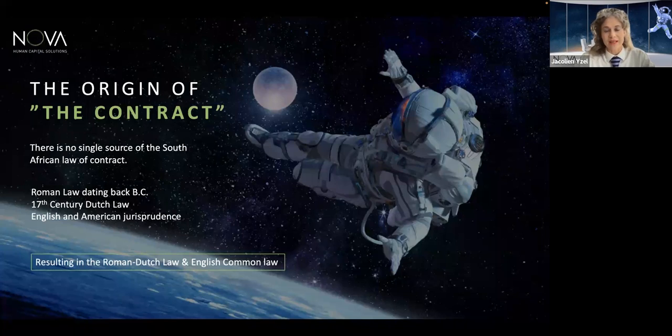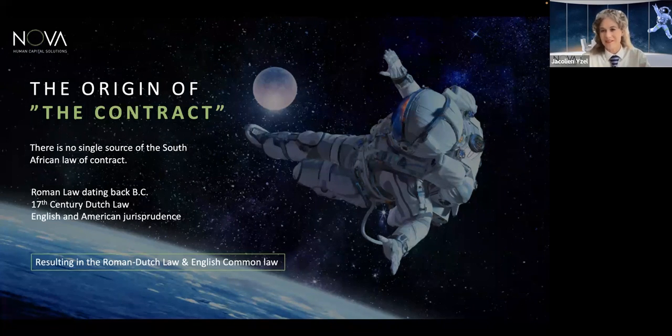Our law of contract actually originates from very ancient and different sources. The Roman law, dating back before Christ, the 17th century Dutch law, as well as English and American jurisprudence. And from all of that, what is left for us is the Roman Dutch law and the English common law as the big basis of our law of contract in South Africa.